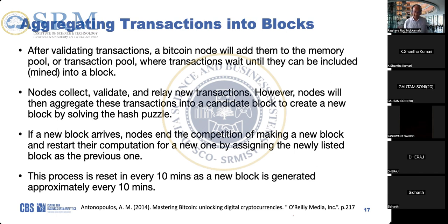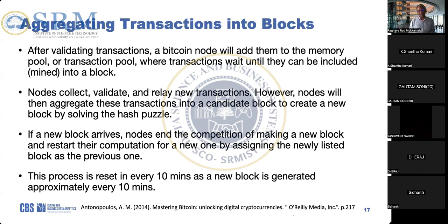The reason is, why don't you continue the work? Let's say you put 100 transactions into a block and try to solve the hash puzzle. What happens if one of the transactions is already included in the new block, and that new block is already generated? It will be part of the longest chain, and the transaction you are trying to put into your block will be a double spend transaction.